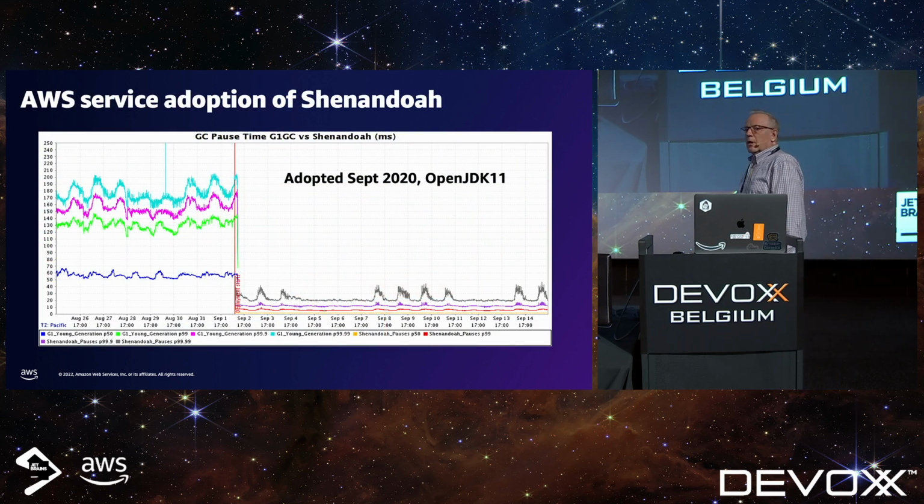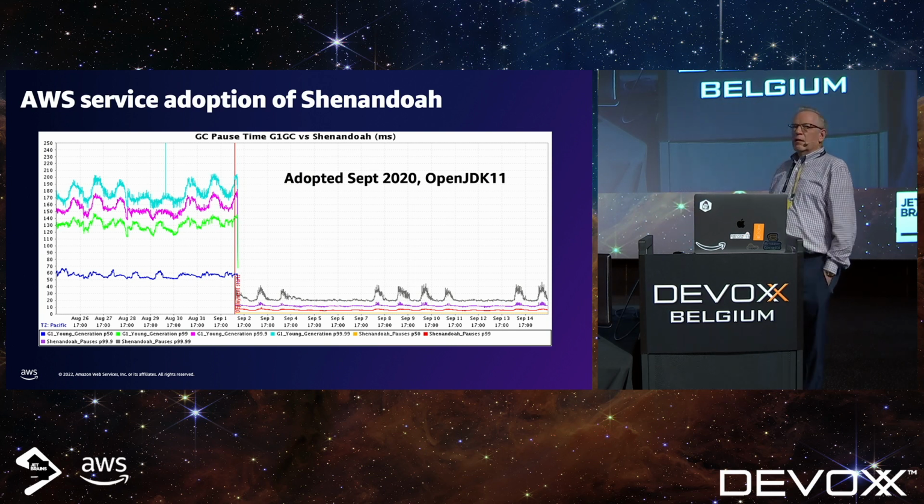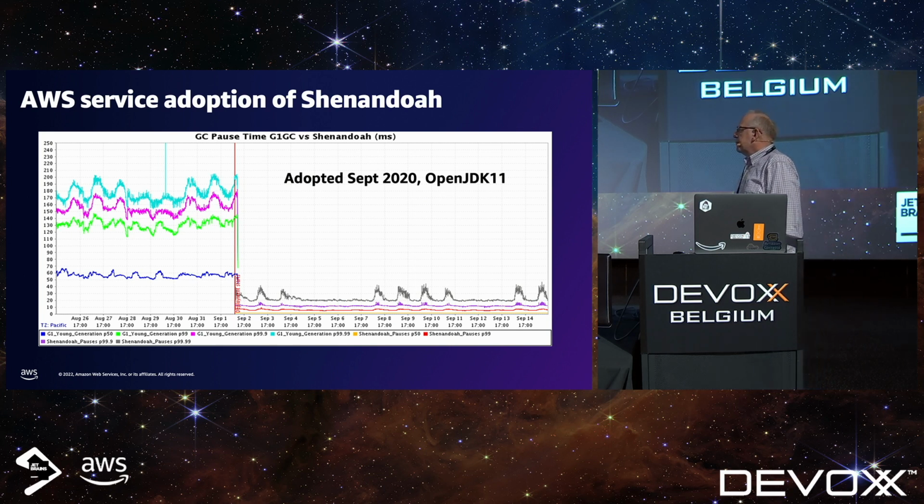Going back to September 2020, during the first year I was at Amazon, we were seeing various services move over to Shenandoah from more traditional garbage collectors like G1 GC. And this is one of those services. What we're charting here in the different colors is P50, P99, P99.9, and P99.99.